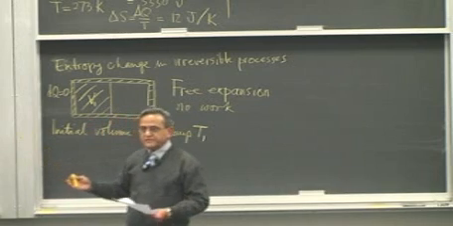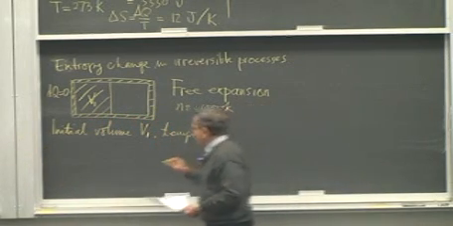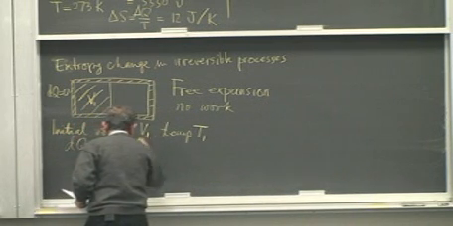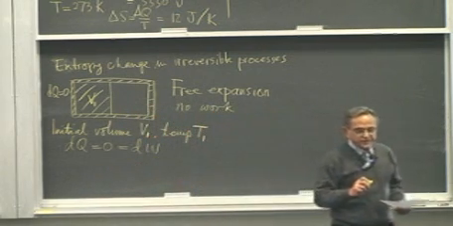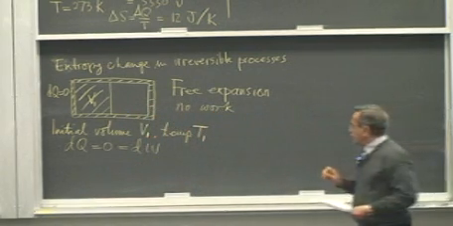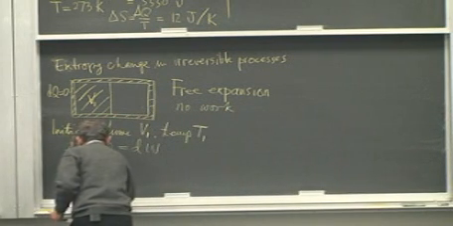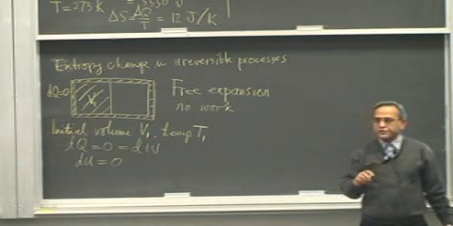It simply comes out and fills up the other case. So there is no work being done. So dq is 0 and dw is 0. No work done, no heat leaves or enters. And therefore, from the first law of thermodynamics, we have du equal to 0. Yeah?